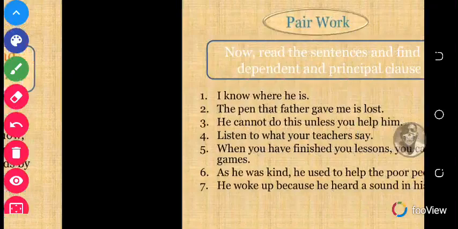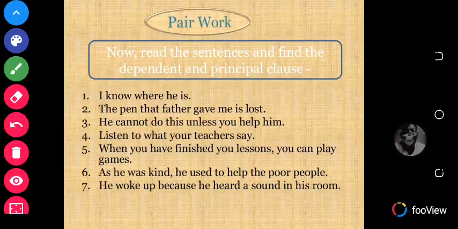Let's look at an example. Now, read the sentences and find the dependent and principal clause. I know where he is. For example 1, the main clause is I know, and the subordinate clause is where he is.